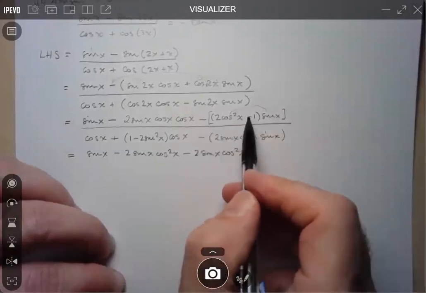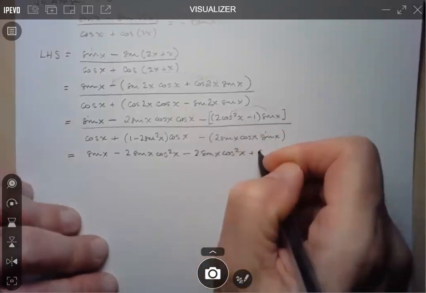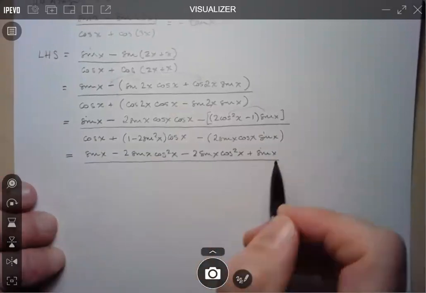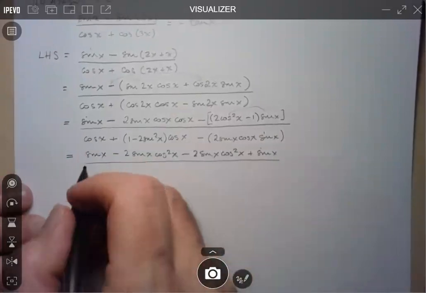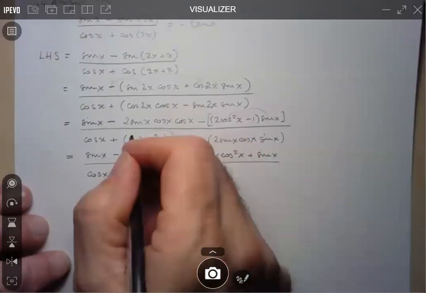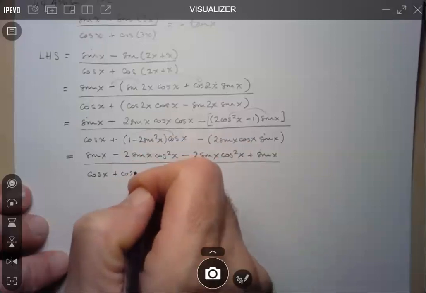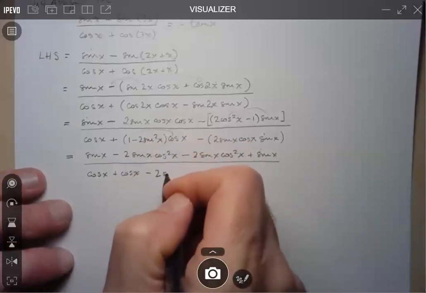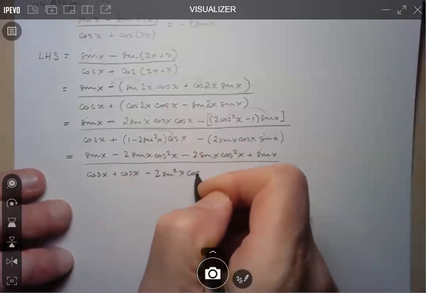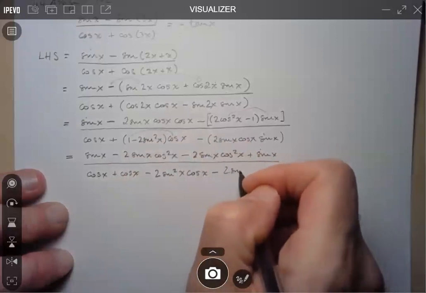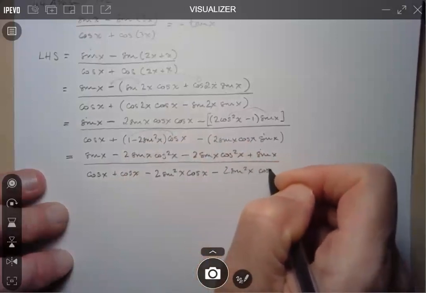And then here minus minus, so plus sine x. And here, let's do the denominator. We've got cos x. Here we've got plus cos x. And then here we've got minus 2 sine squared x cos x. And then here we have another minus 2 sine squared x cos x.